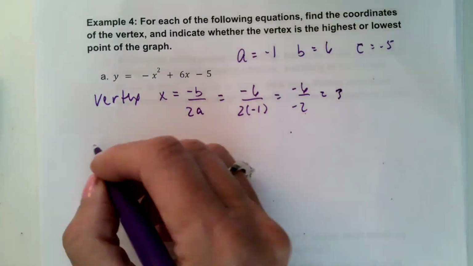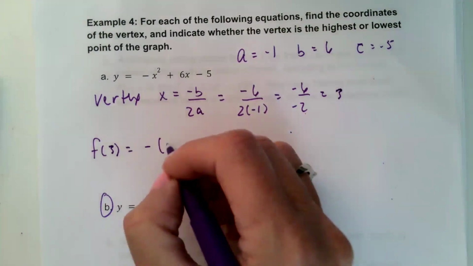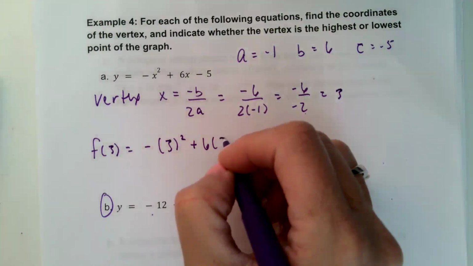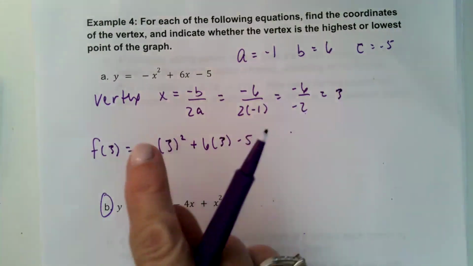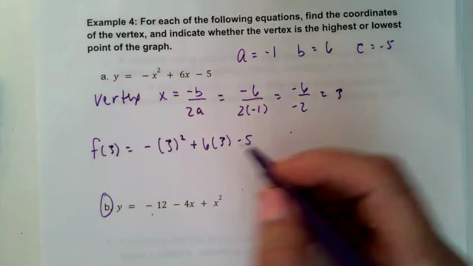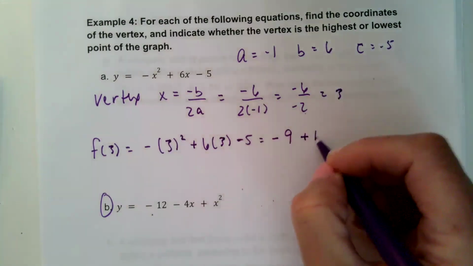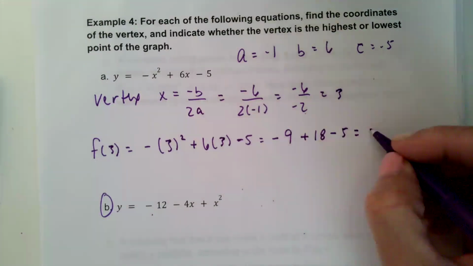And so when I put 3 back into my function, remember this is the opposite of 3 squared. So that is a -9 plus 18 minus 5, which is 9 minus 5, a +4.